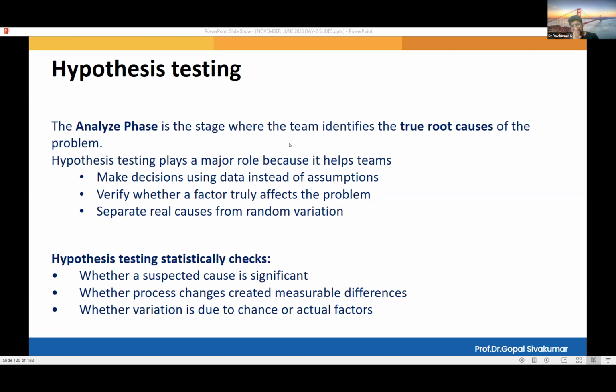So here we are going to decide the root cause based on the data. After that, you are going to confirm whether the root cause really influences the problem. Whether the health is really influenced by the cancer, yes, we have to confirm and verify it. Then we have to segregate real causes from random variation.